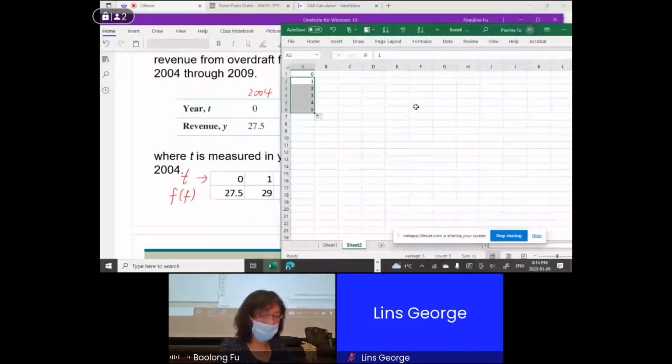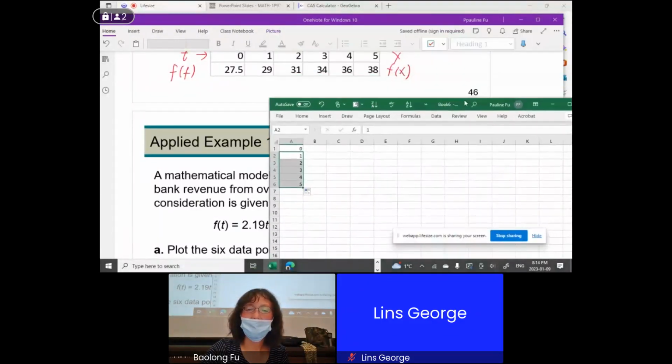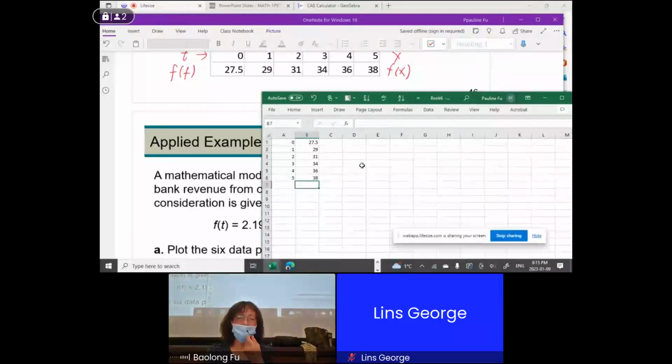You type in those numbers. And then 27.5, 29, 31, 34, 36, 38. So those are the points. The question is, based on these 6 data points, write down an equation. So how do I write down an equation?